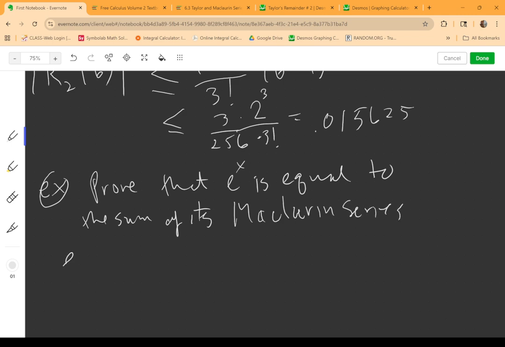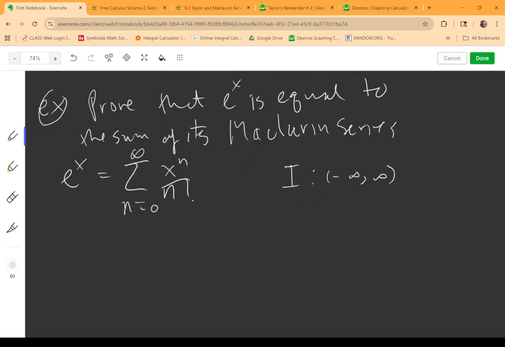Previously we've shown that e to the x is this Taylor series here, with interval of convergence negative infinity to infinity. But up to now we said that the Taylor series is an approximation of this. Here we want to show it using the remainder theorem, R sub n.